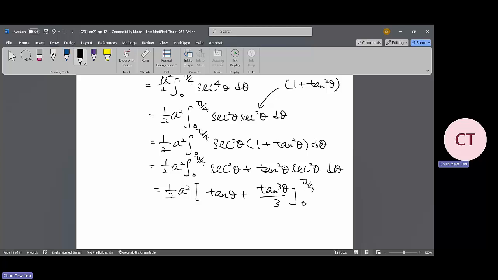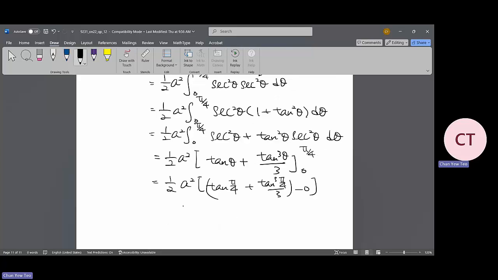So right here, you will have tan pi over 4 plus tan cubed pi over 4 over 3, minus 0. Tan pi over 4 is 1, so it will be 1 plus 1 over 3, which is 4 over 3.